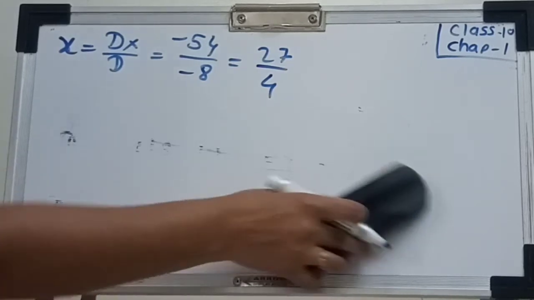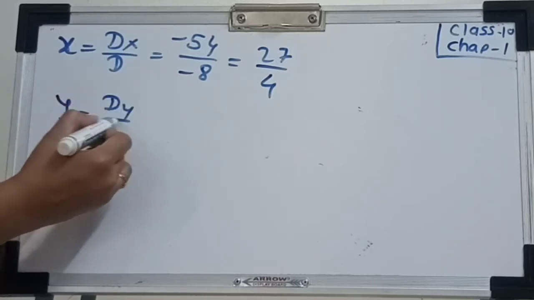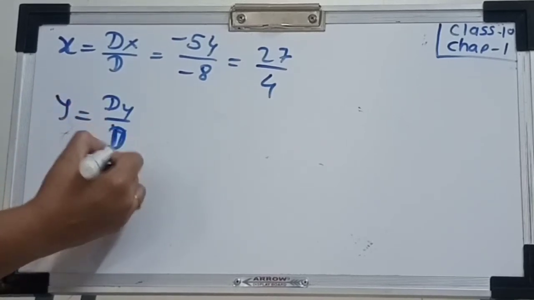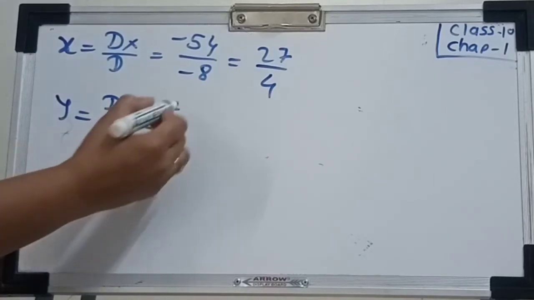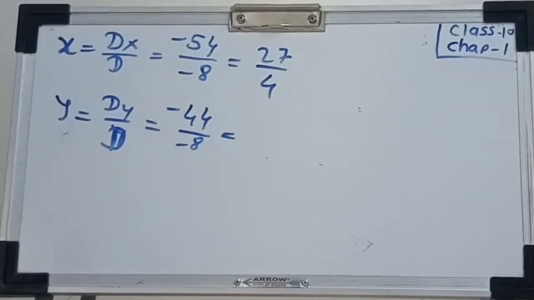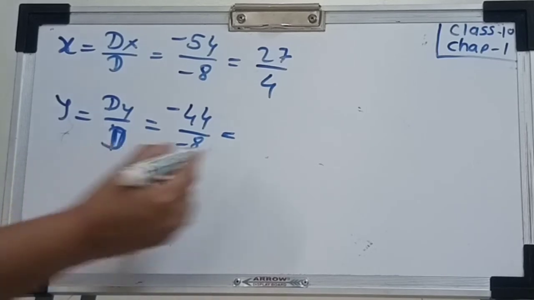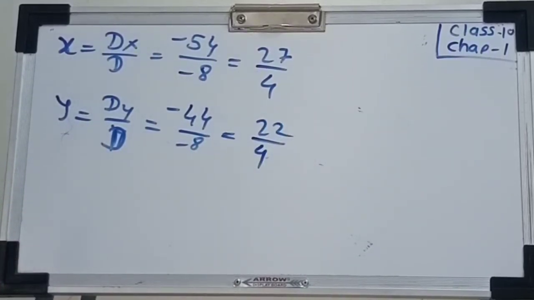And for y, y is equal to dy upon d. dy is equal to minus 44 and our d is equal to minus 8. Here we also can't divide 44 by 8, hence we divide it by 2. 2 4s are 8, 2 2s are 4, 2 22s are 44. 22 upon 4.